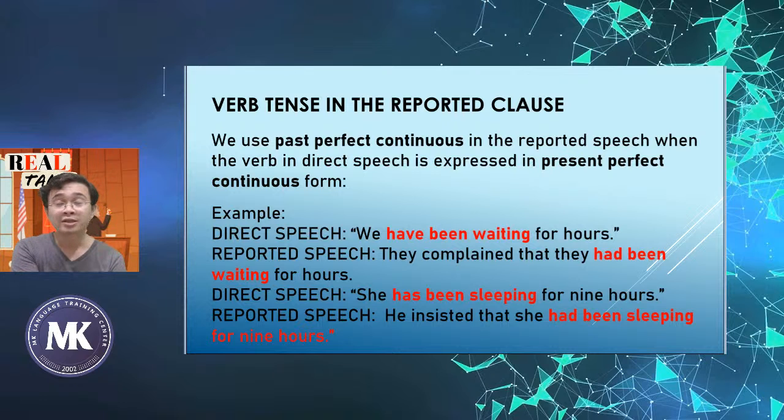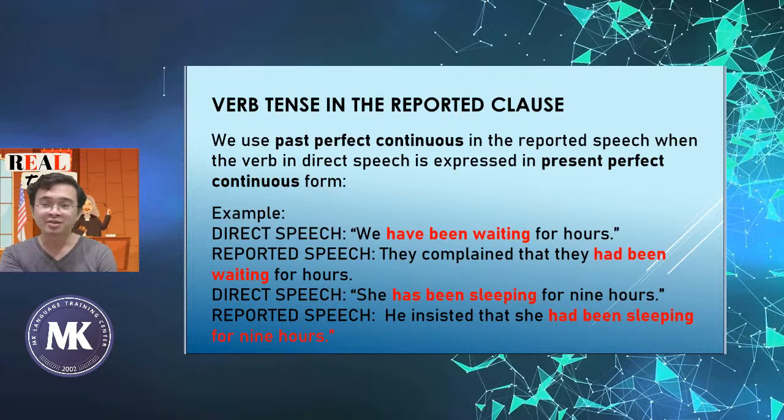That's the pattern for present perfect continuous, which expresses an action that is happening from the past until now. And remember, if the verb is in present perfect continuous, then if you want to change that into reported speech, we need to make it past perfect continuous.